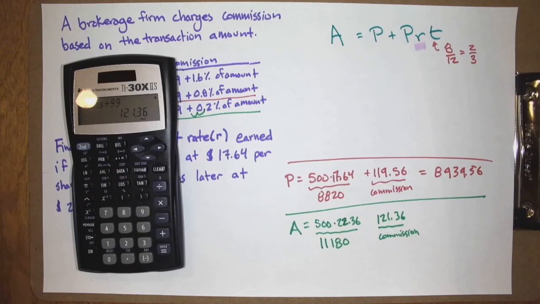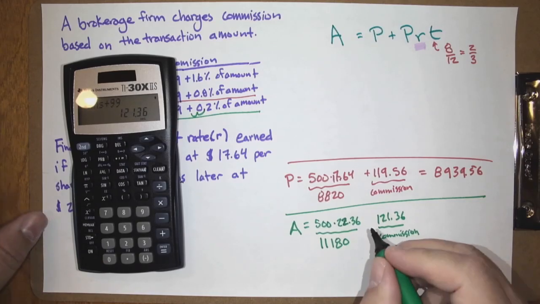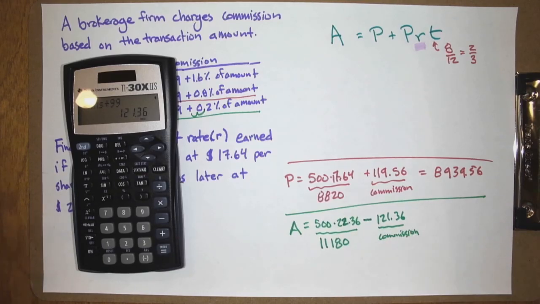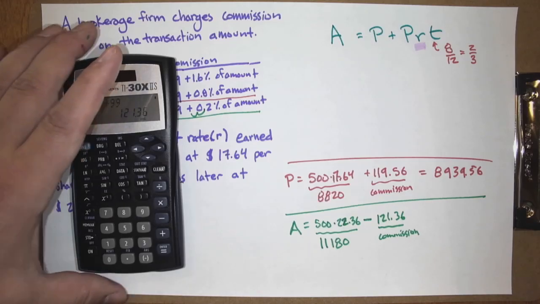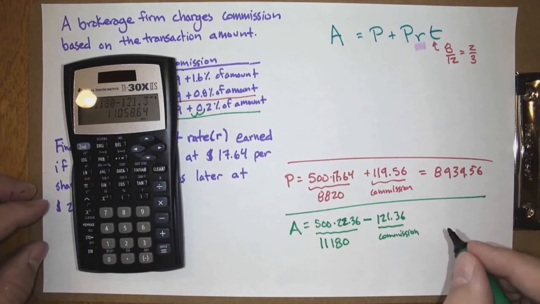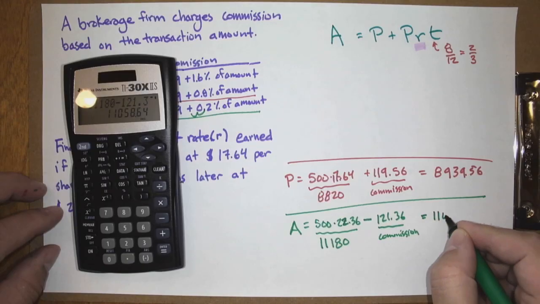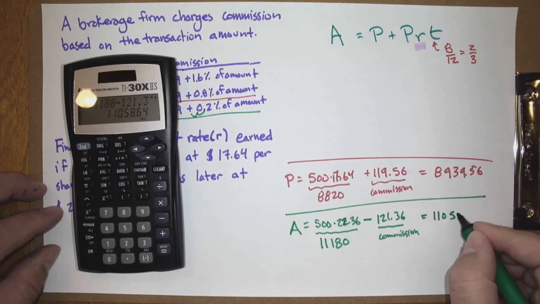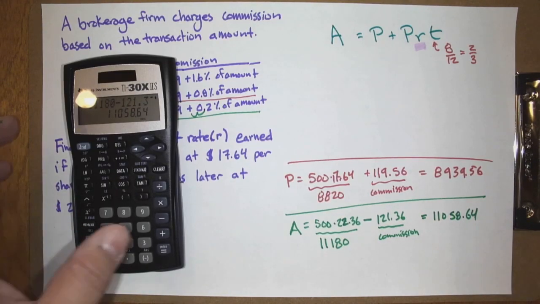Somebody else gets it. The brokerage. We have to pay this to get our money out. It's a subtract. So we aren't getting the $11,180. We're getting the $11,180 minus the commission. So we take 11,180, subtract 121.36, and that means that our future value is $11,058.64.